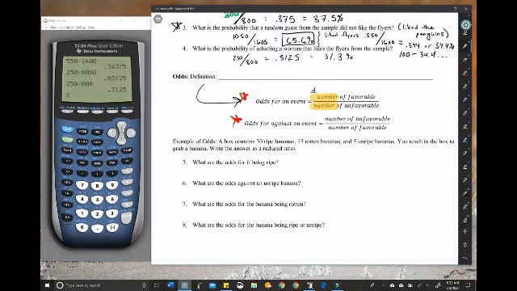Example of odds. A box contains 30 ripe bananas, those would be yellow bananas, 15 rotten bananas, those would be our brown bananas, and 5 unripe bananas, those are the green ones you're not quite ready to eat yet. You reach in the box and grab a banana, and we want to know the odds, and we're going to write the answer as a reduced ratio. So the odds for it being ripe means it's the number of things we want over the number of things we don't want.